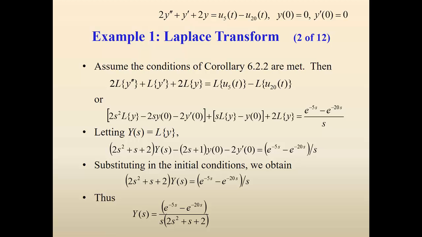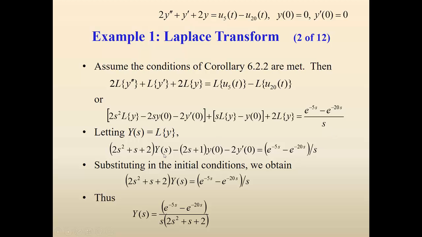Well, take the Laplace transform of everything. We've already talked about how it works before. We have 2y double prime plus y prime plus 2y is equal to u5 minus u20. They both have a common s term in the denominator.